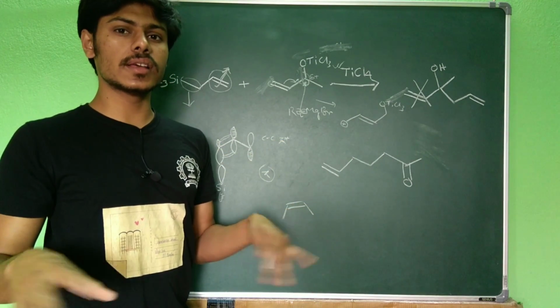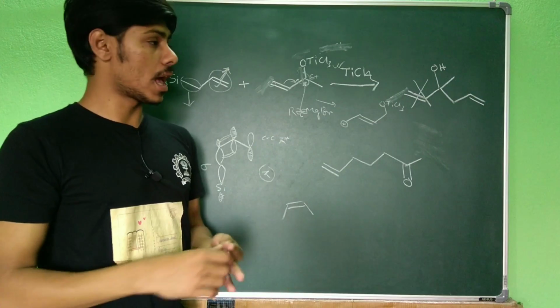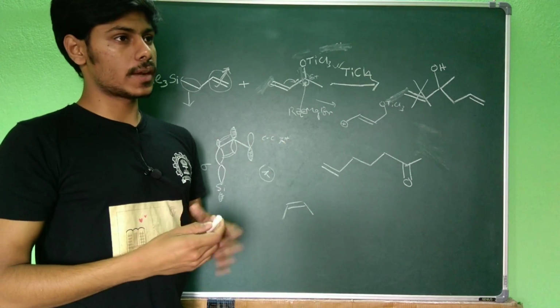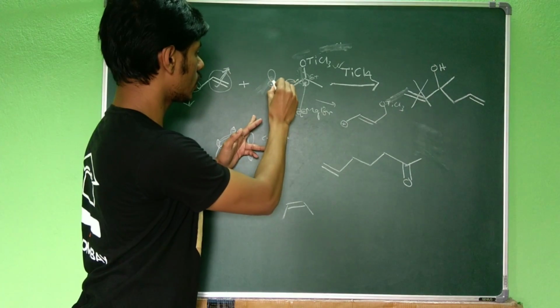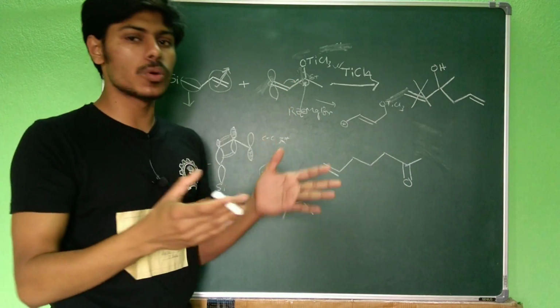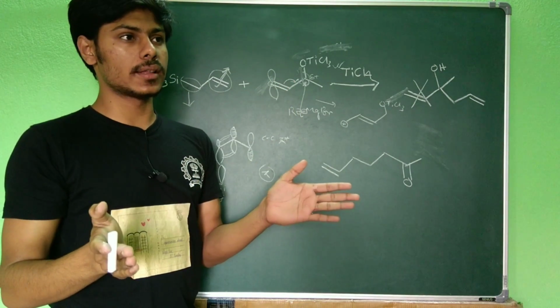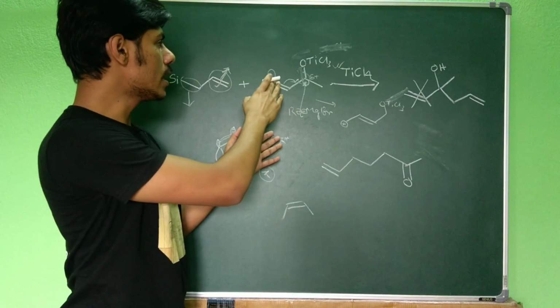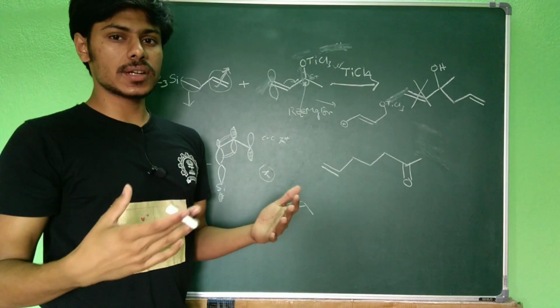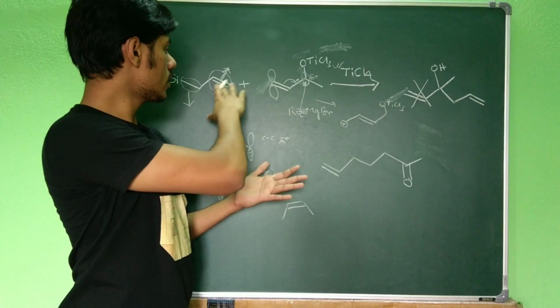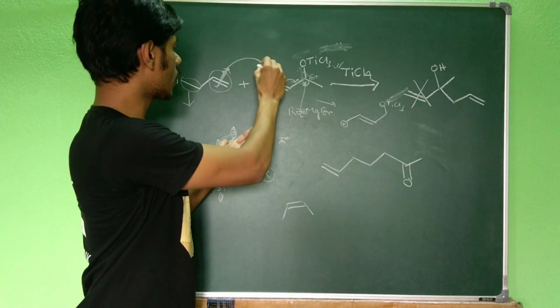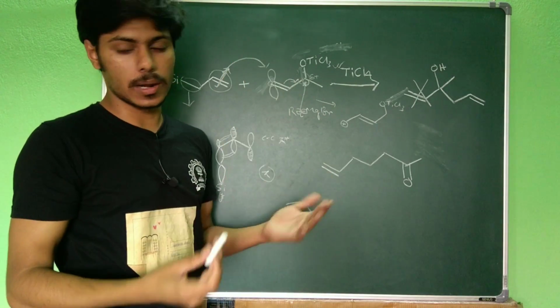The important factor here is the orbital interaction. And you know that for an alpha beta unsaturated carbonyl compound, this particular center has the highest coefficient of LUMO, and that means this position will be far better at overlap with any nucleophile than any other center. So that's why it will prefer to attack over here, because of this orbital overlap.